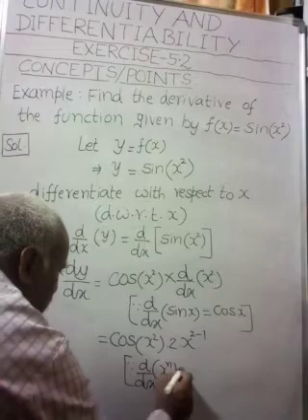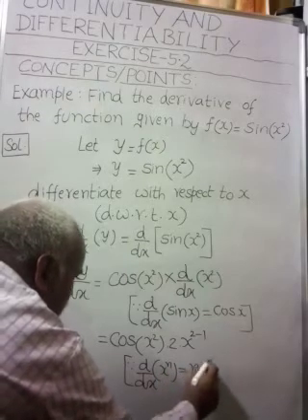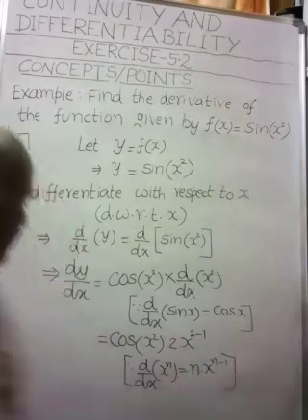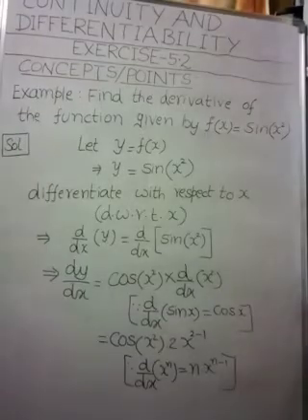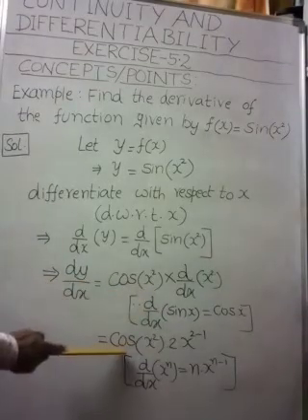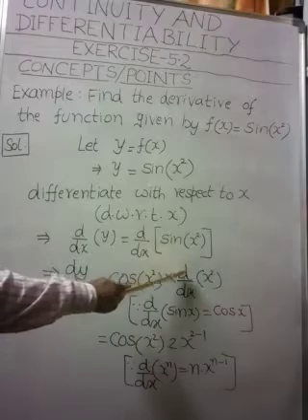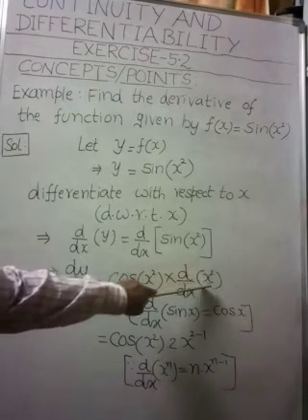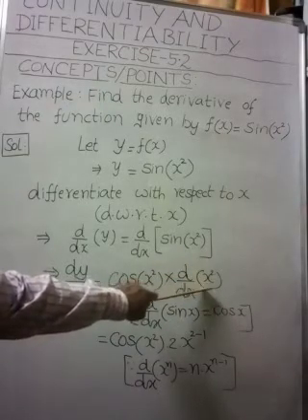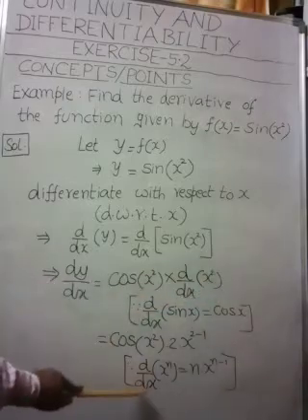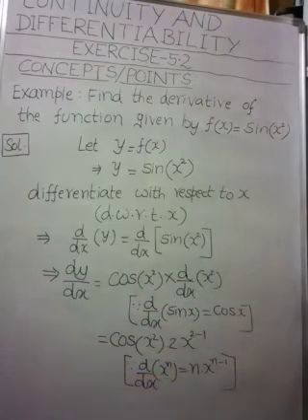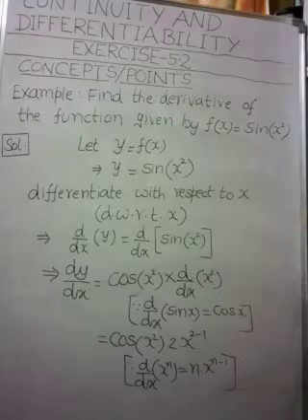Understood this step, my dear children? Here I wrote cos of x square as it is, and I am finding the derivative of x square. This is in the form of x power n, so you know the standard derivatives, the derivatives of some standard functions.